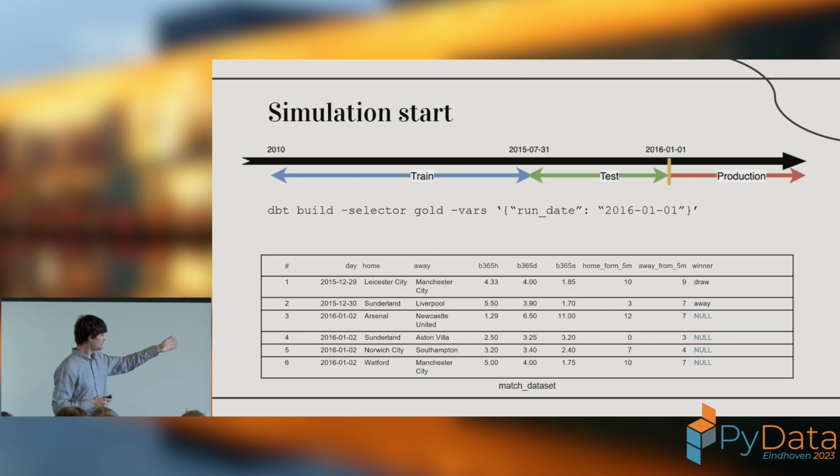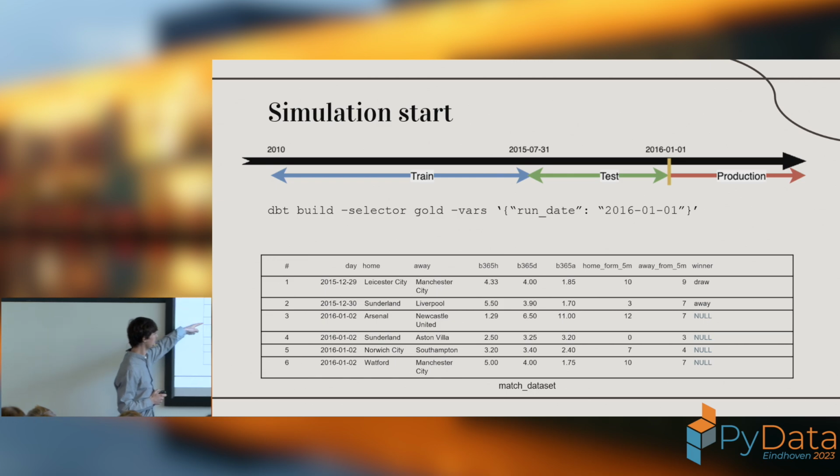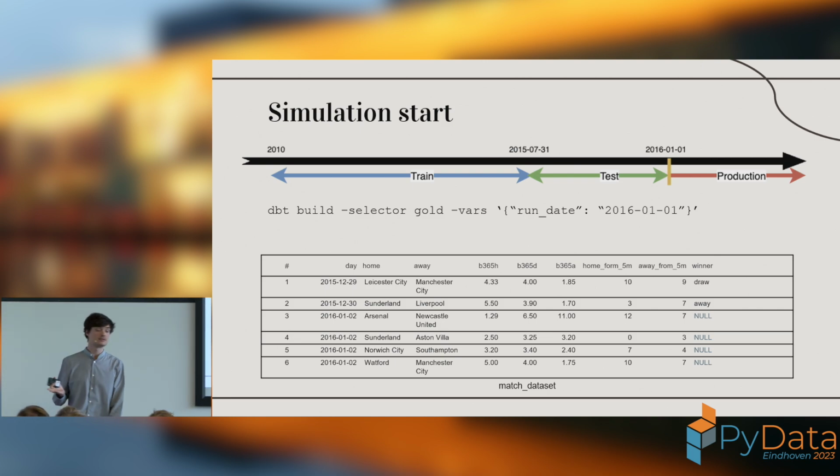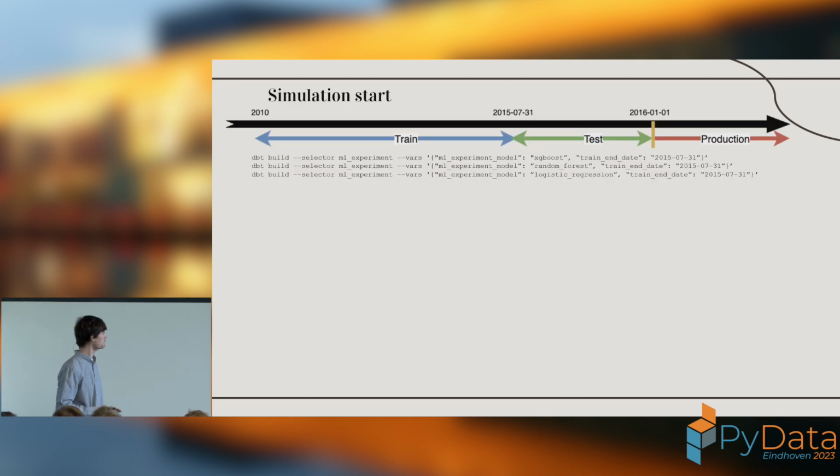Then the match dataset would look something like this. You see here, up until this date, we have observed the actual winner, we have observed the target, but from that point onwards we can potentially make predictions, but we cannot train on it. So that's nice. Then we can start our experimentation.